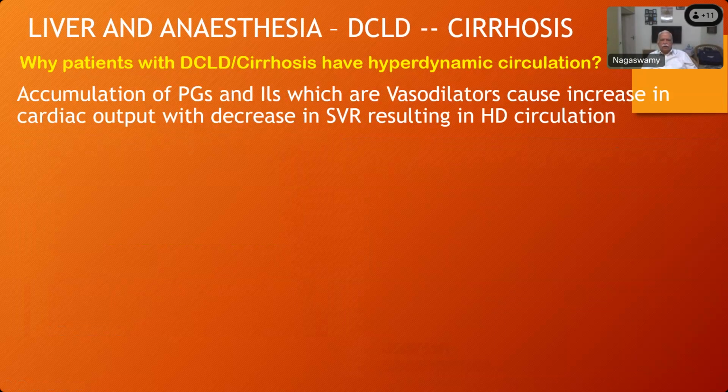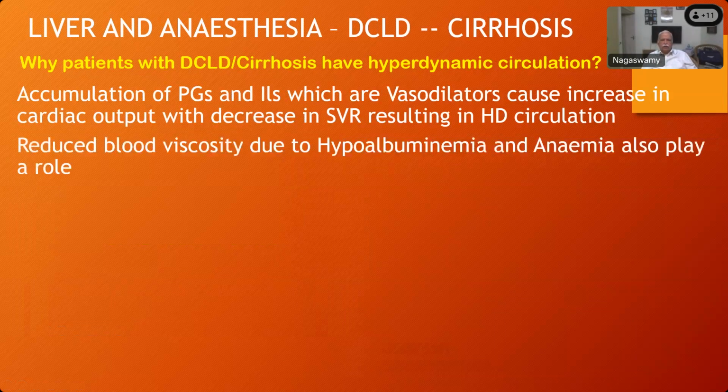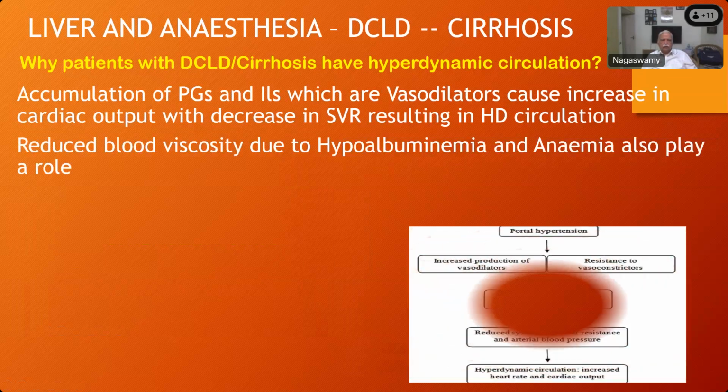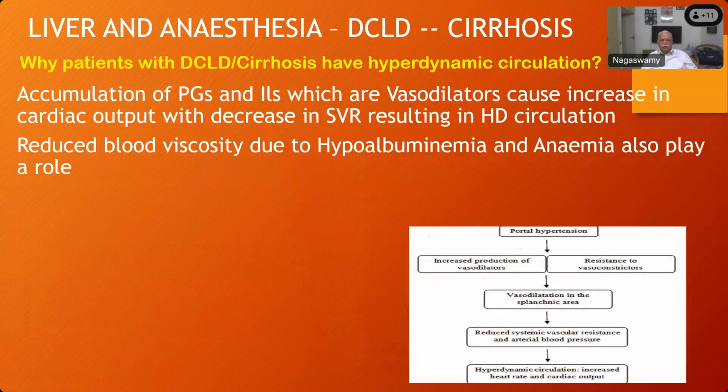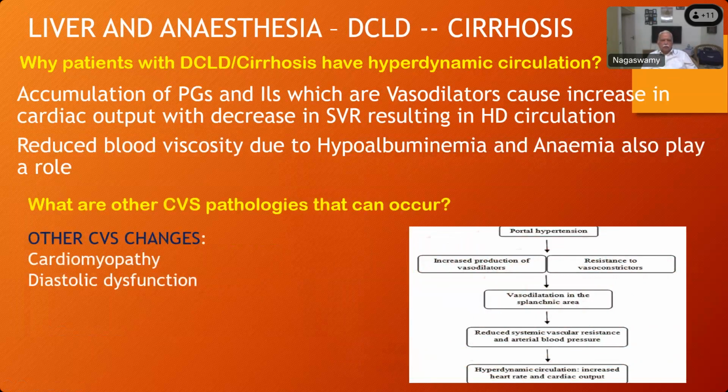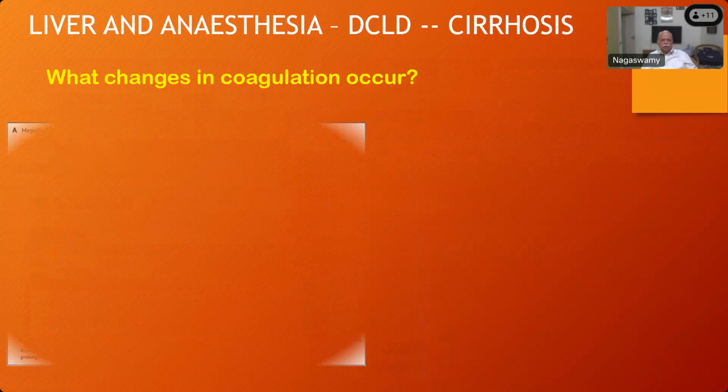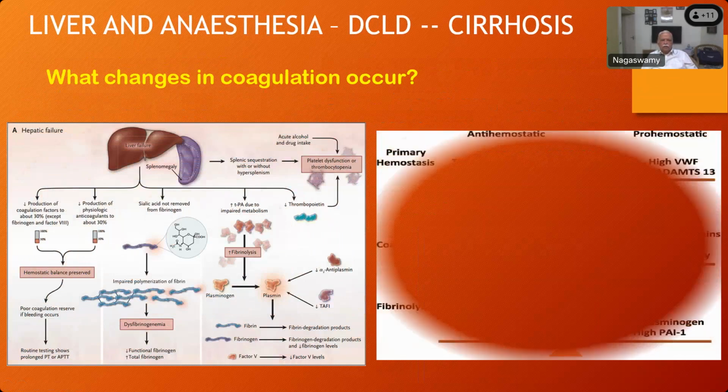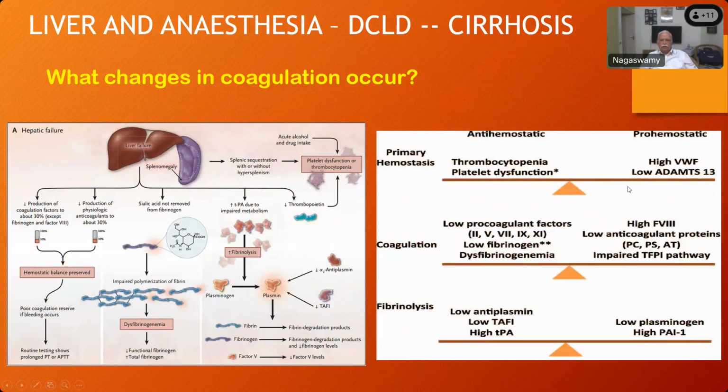Cirrhosis has a hyperdynamic circulation, which we have seen already, and it is also because of the vasodilatation and also hypoalbuminemia. The other serious pathologies are cardiomyopathy and diastolic dysfunction. Changes in coagulation can be twofold.